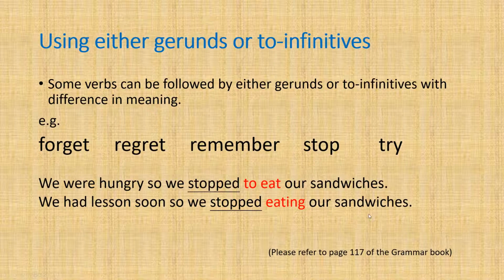In this case, that means you stop the action. Alright? So here are other verbs you need to memorize. After these main verbs, if you use gerund or to infinitive, the meaning will not be the same. So you can refer to page 117 of the grammar book if you want to know one by one.